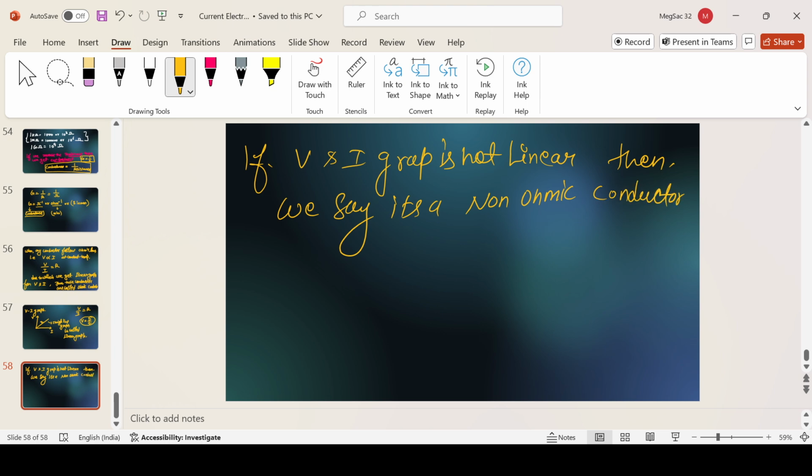Is it clear, everyone? So for this we have a graph like any graph, not a straight line. It's a curve. It's not straight. Again it's a resistance only, but it is a non-ohmic material.